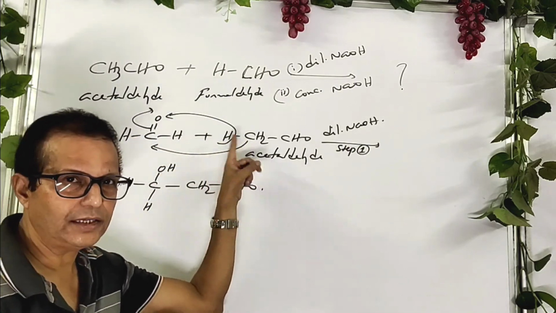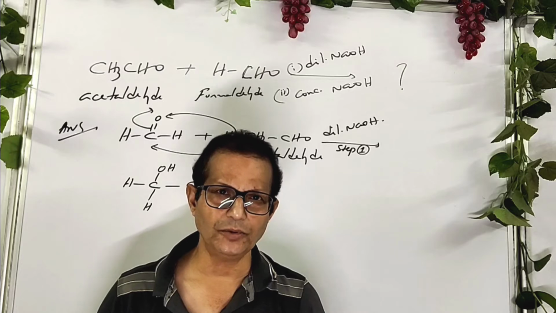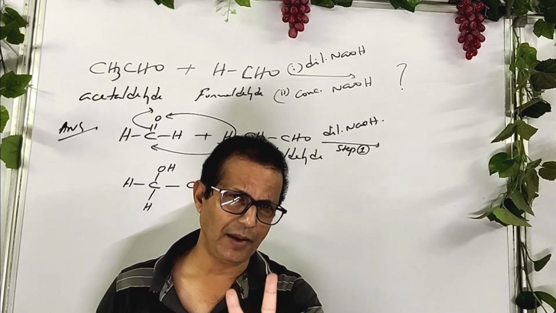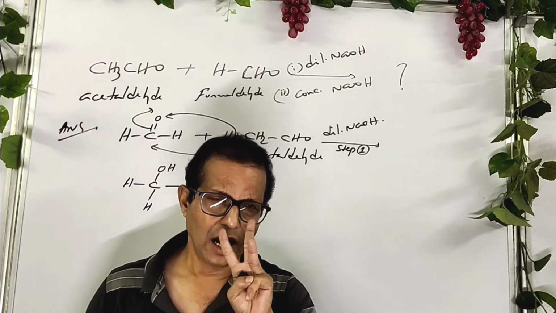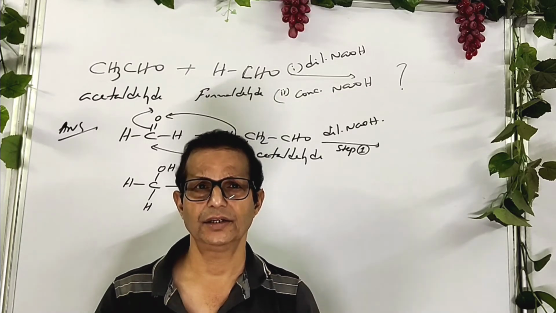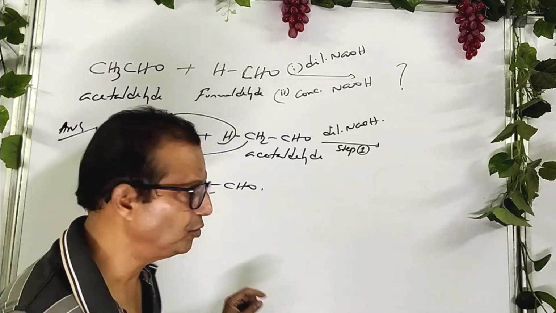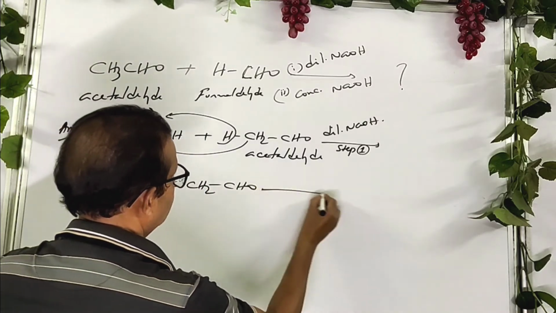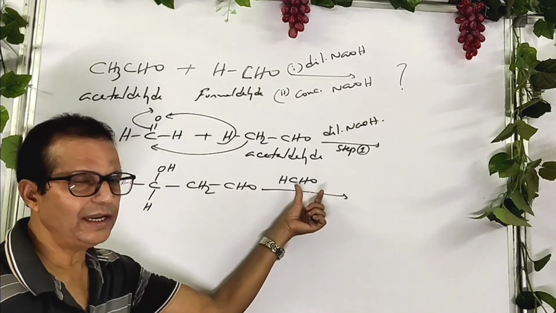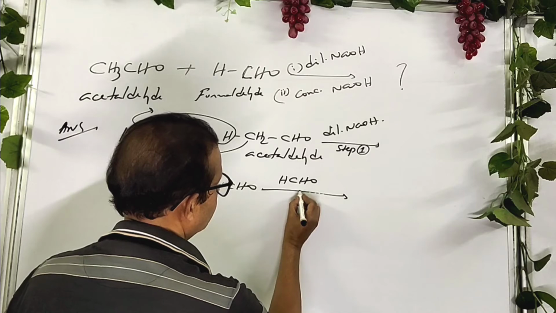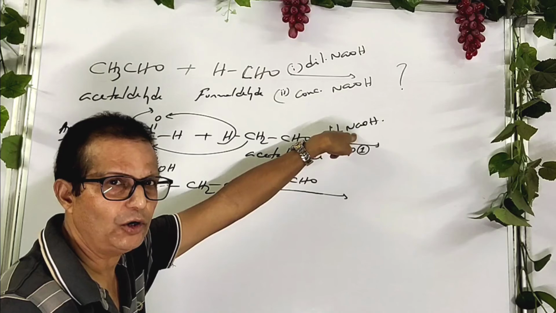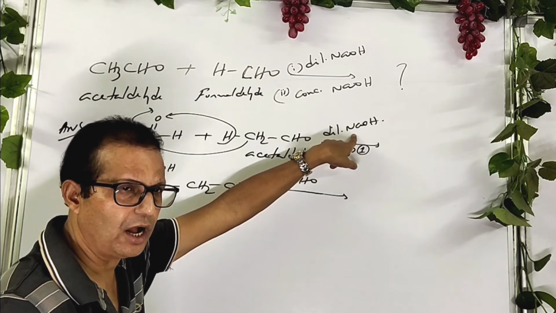As acetaldehyde contains 3 alpha hydrogen atoms, continuously similar steps proceed unless and until all the alpha hydrogen atoms of the aldehyde are replaced by CH2OH group. Second molecule of formaldehyde. Dilute sodium hydroxide you have already added, no need to add extra.